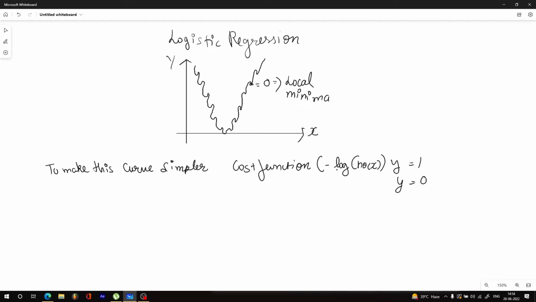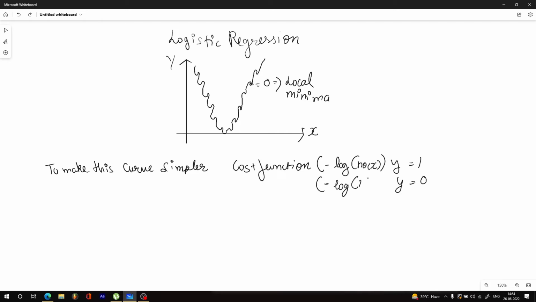And whenever y is equal to 0, what are we going to use? We are going to use minus log, here is also a minus, minus log 1 minus h theta of x.